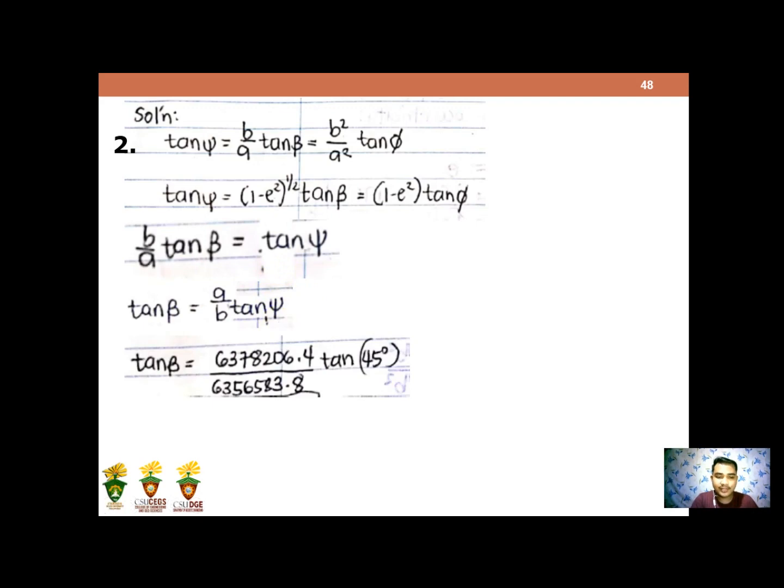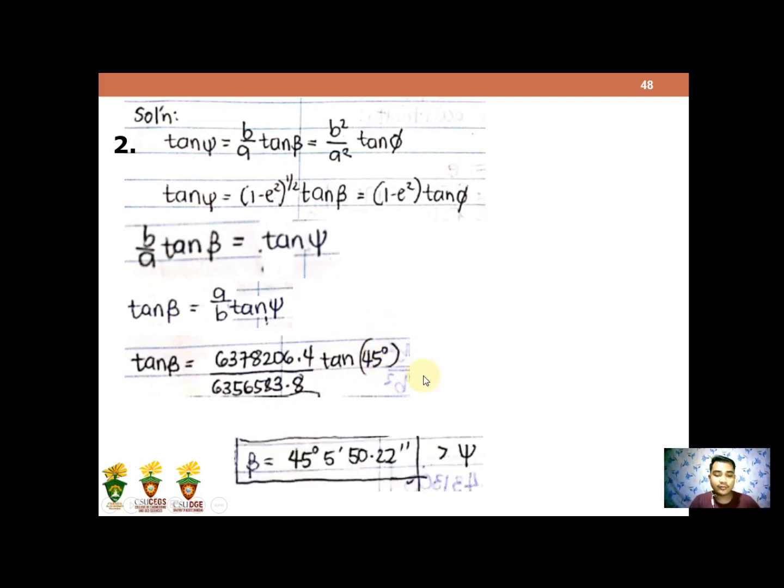Then substituting the value, we have tangent reduced latitude equals 637,806.4 over 635,658.3 times tangent of the given geocentric latitude, which is 45 degrees.